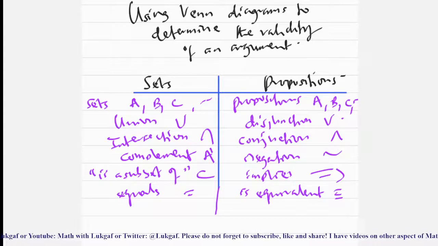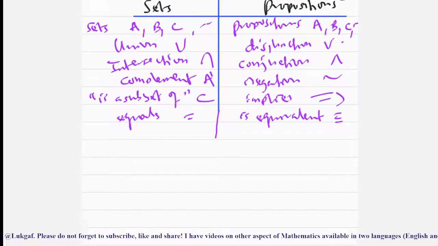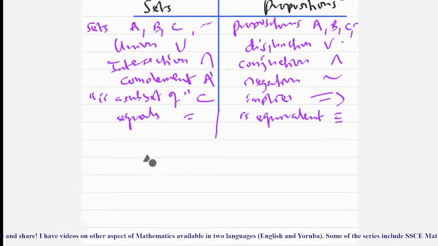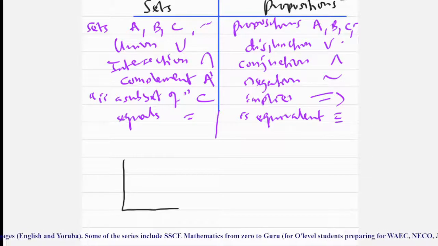If that is clear, don't forget also that you can draw your Venn diagram. Your set is denoted by a circle, while your universal set is denoted by a square, or you say a rectangle.